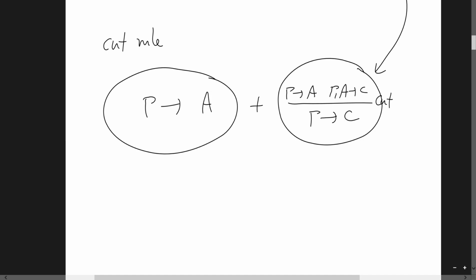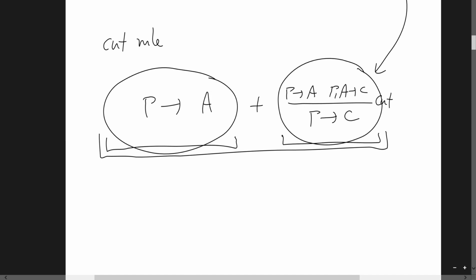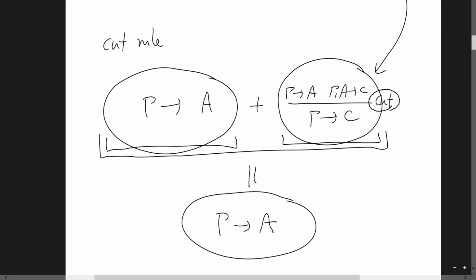So basically, that's what this admissibility of the cut rule says. And I'd like to show that this system, the original system extended with this cut rule, is equivalent to the original system itself. So this cut rule doesn't matter. The expressive power of this system does not increase or decrease even with the addition of this cut rule. You add this cut rule, but the system doesn't change because this rule is basically admissible.